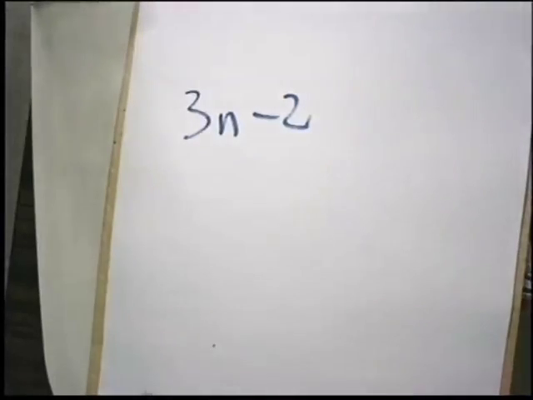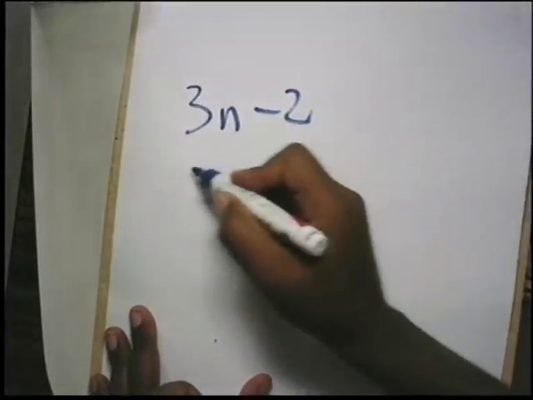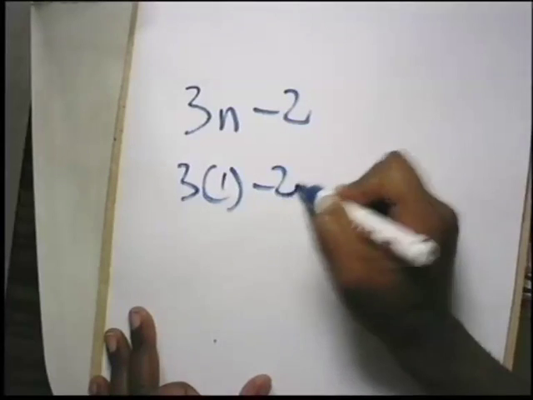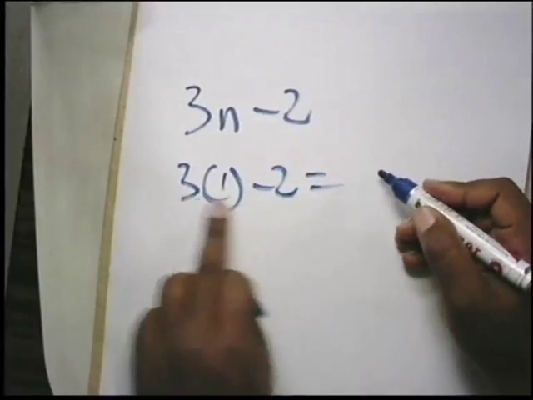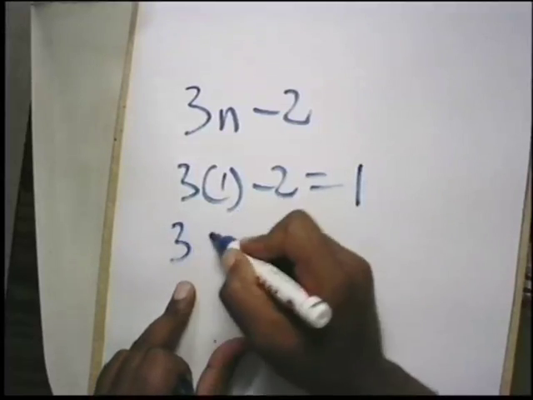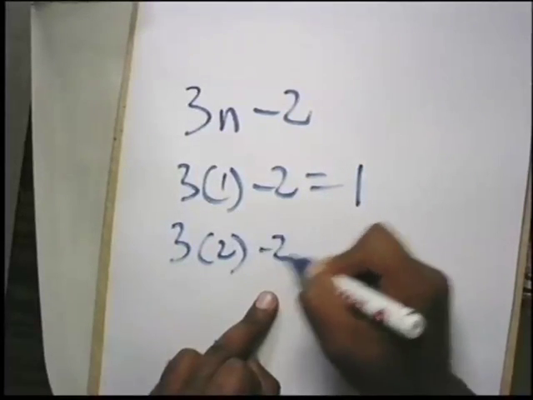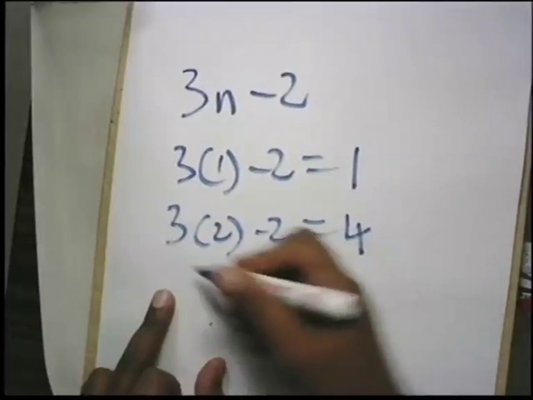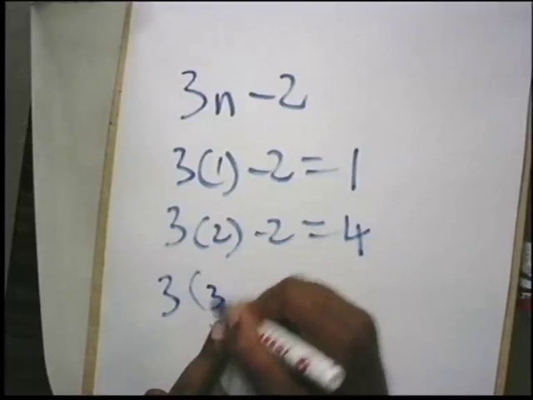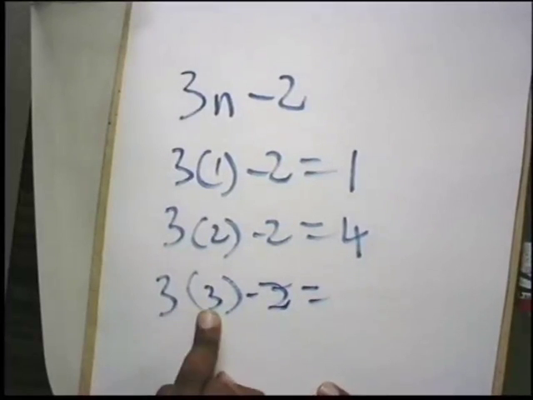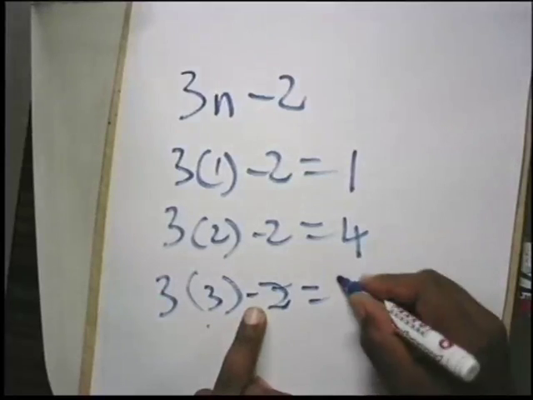Now, what does that mean? If you want to find the first term, in the place of n you put a 1: 3 times 1 is 3, minus 2 is 1. For the next one, you put a 2: 3 times 2 is 6, minus 2 is 4. Then you put a 3: 3 times 3 is 9, minus 2 is 7.